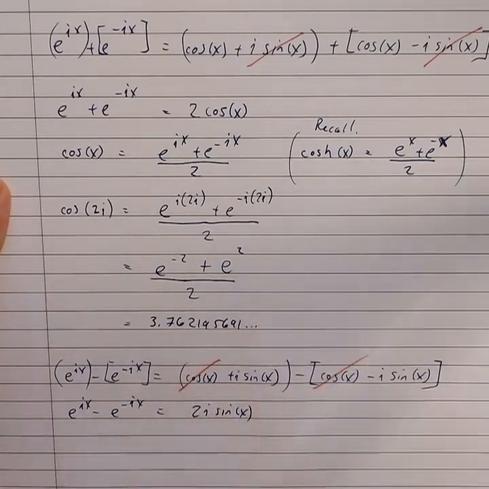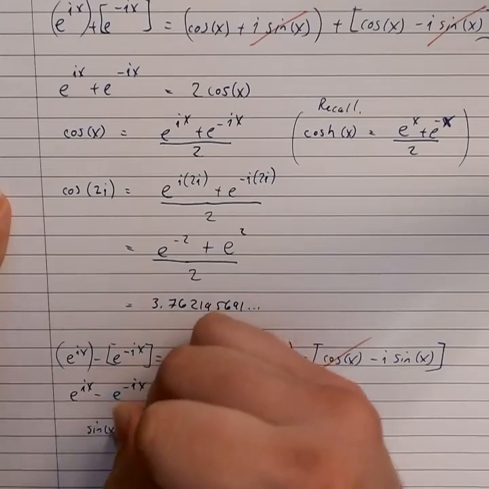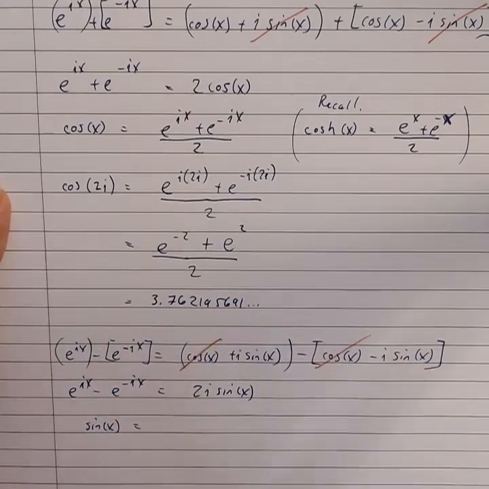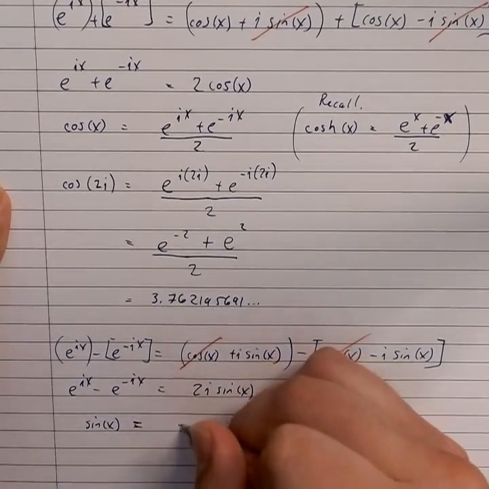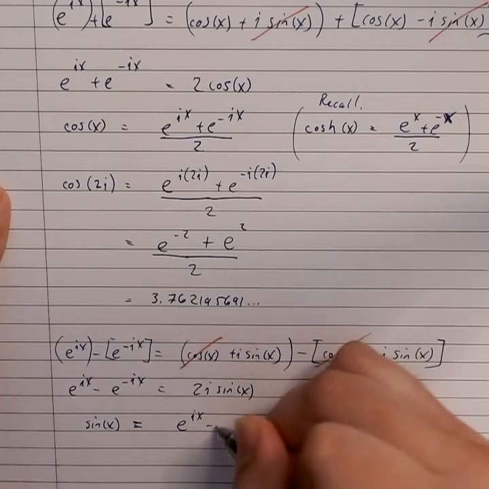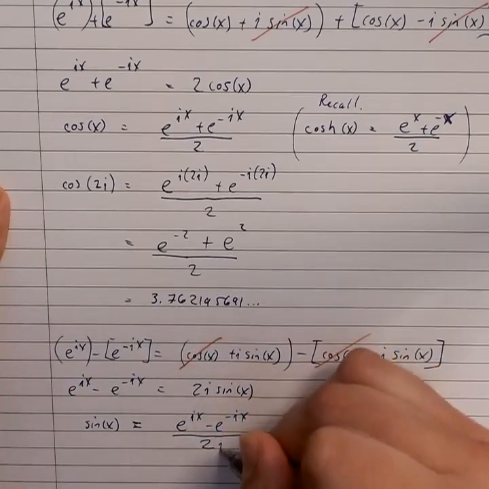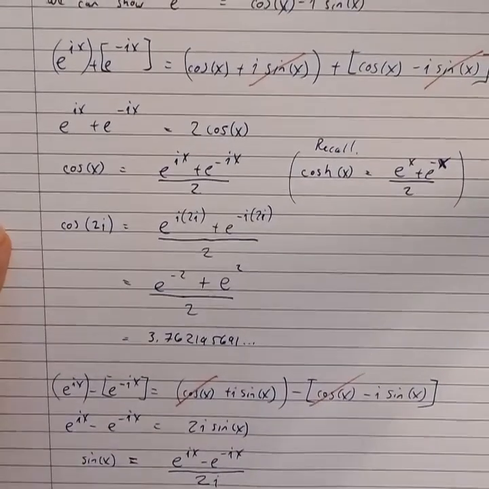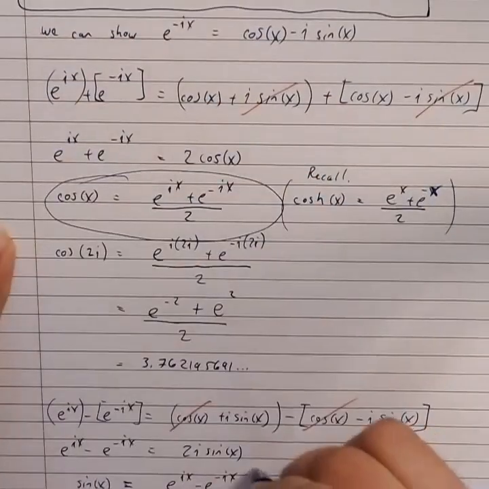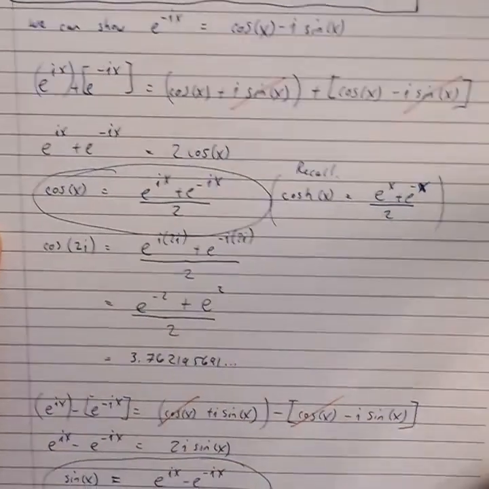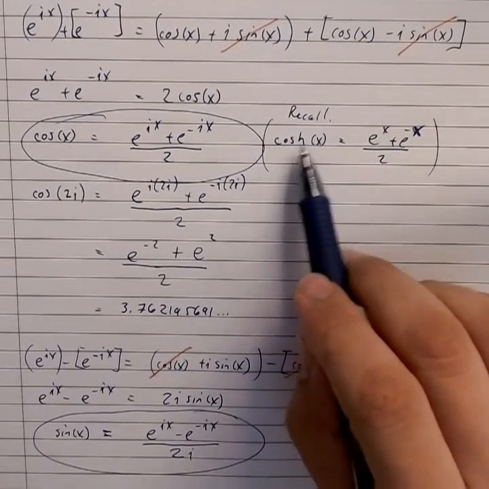And so I can divide both sides by 2i, and this gives me that the sine of x is actually a complex variable function given by e to the ix minus e to the minus ix all over 2i. Right? So these are alternate representations of the cosine and the sine function. And they do shed a little bit of light as to why we defined this thing as the hyperbolic cosine.